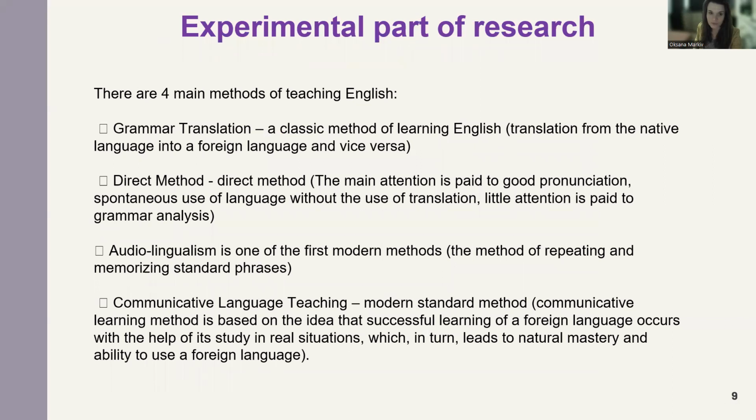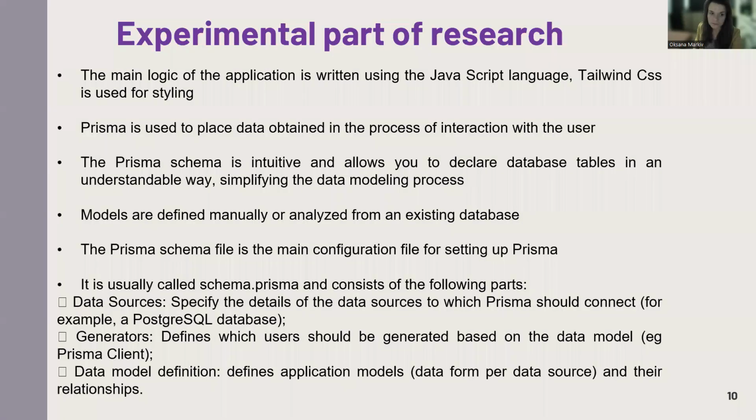In general, there are four main methods of teaching English: grammar translation, direct methods, audio lingualism, and communicative language teaching, which has special peculiarities. We need to create data and then send it to the server, loading data to Prisma of the application.